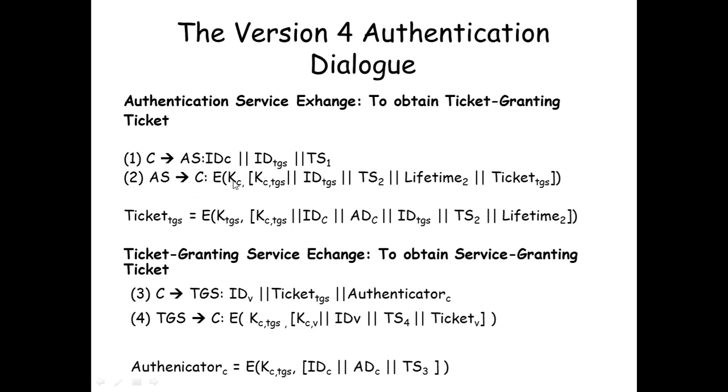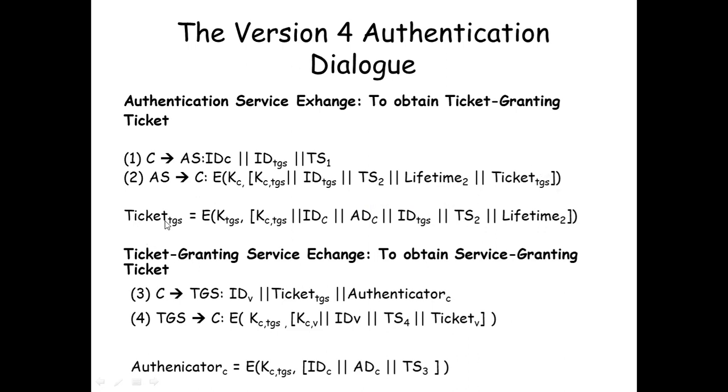The client will decrypt this message, and it will have all this information: the ticket shared by the ticket granting server and the client, the identifier of the TGS server, the timestamp, the lifetime, and the ticket to the TGS.